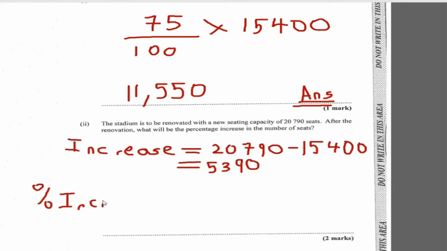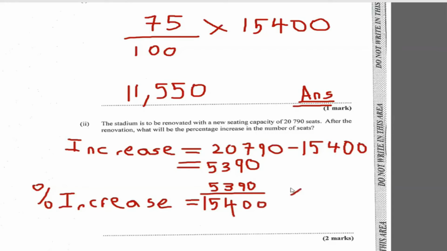Very easy question. So percentage increase is the number of increased seats, 5,390, divided by the original capacity of the stadium, which was 15,400 seats, and then we multiply that by 100. This will give us the percentage increase.